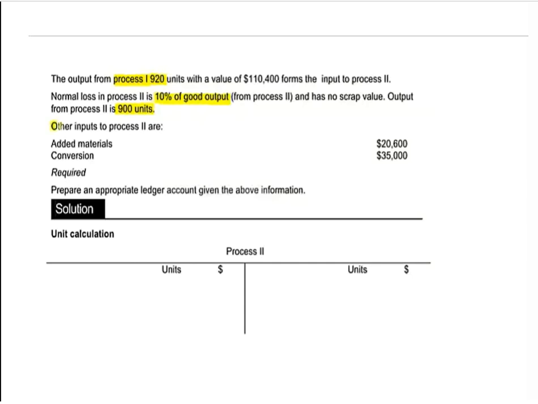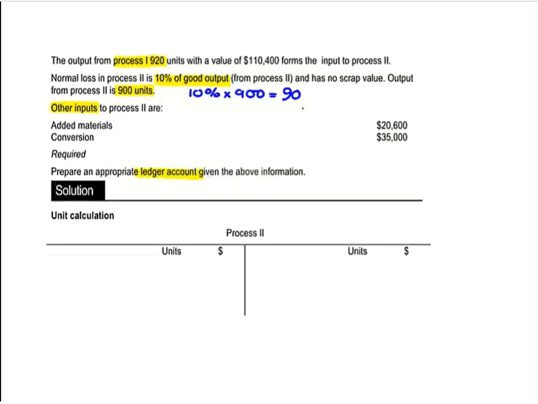We're also given some information about other inputs and asked to prepare a ledger account with this information. So the normal loss then is 10% of the good output, so that's 10% of 900 units, so that's going to be 90 units. So we need to think about including all of these unit values before we start assigning values.